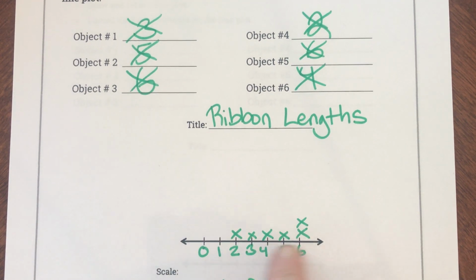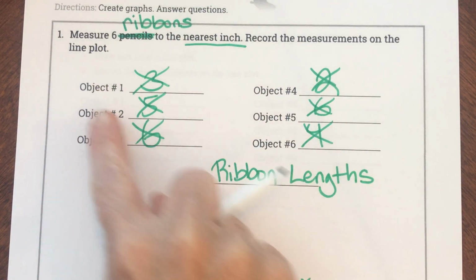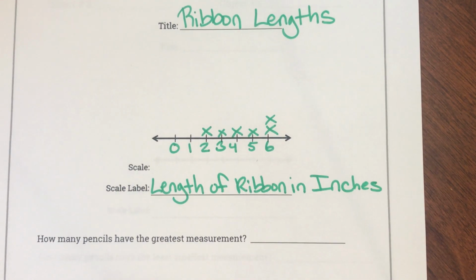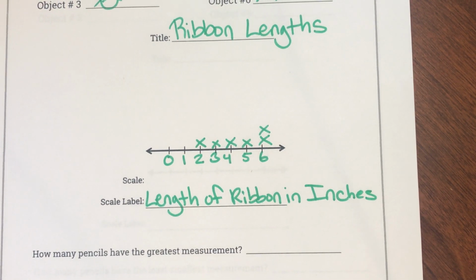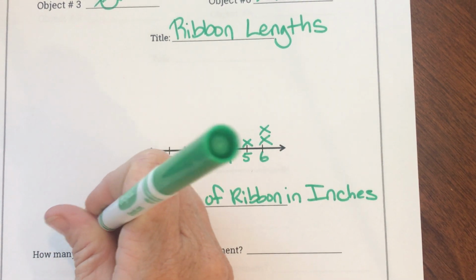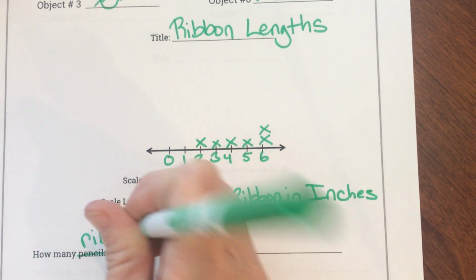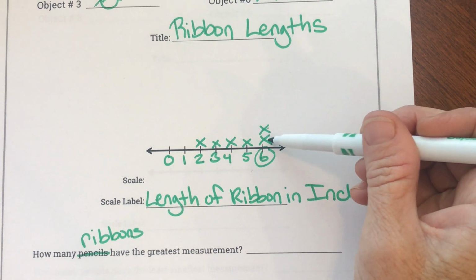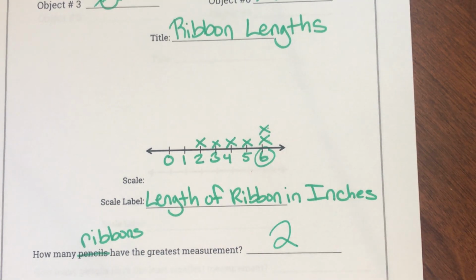So these X's represent this data. Now our question says, how many pencils have the greatest measurement? We weren't using pencils, remember, we were using ribbons. Our greatest measurement was 6, and we had how many of them? 1, 2. And that is our first problem.